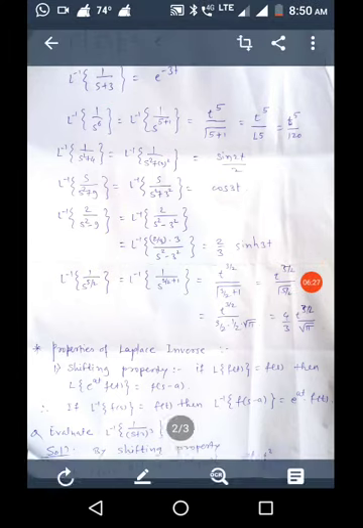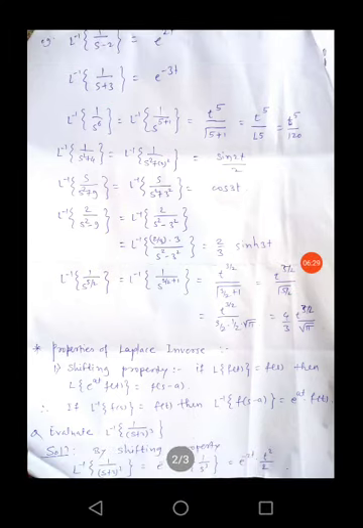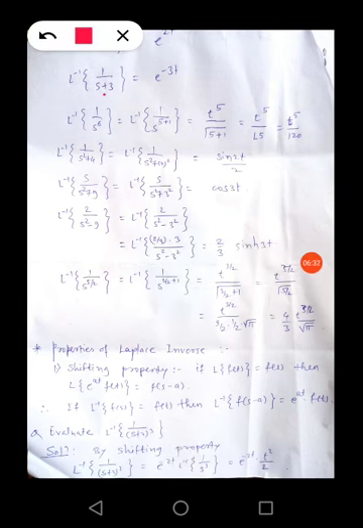Here we have a positive sign, and instead of writing plus we may write minus of minus. So Laplace inverse 1 upon s minus of minus 3 is nothing but equal to e raised to minus 3t.